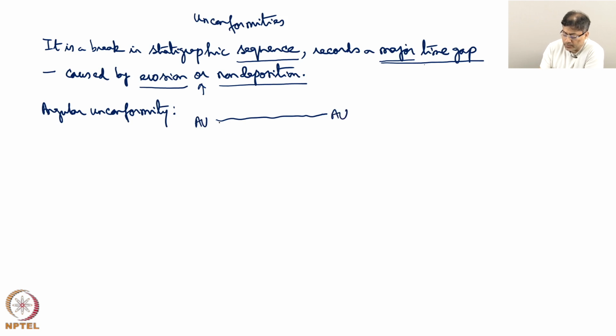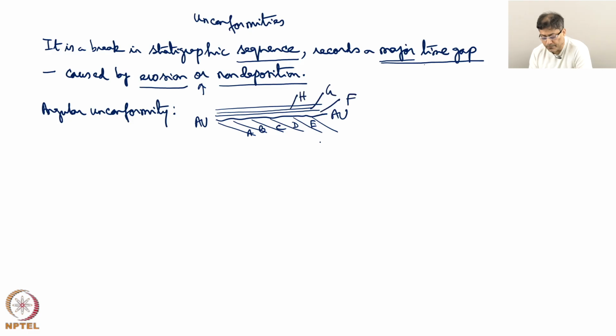Below angular unconformity, the layers are at an angle to the unconformity surface, and above the angular unconformity there can be near horizontal layers. So, if we think different lithological units A, B, C, D and E, and say here we have got F, G and H. From such an angular unconformity, we can comment about the geological events that have happened.